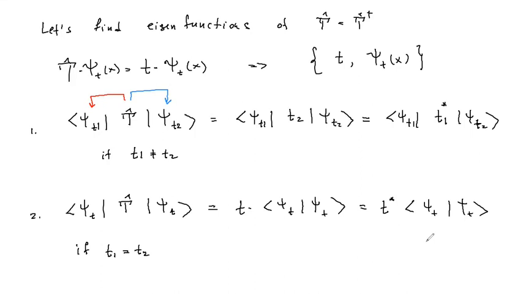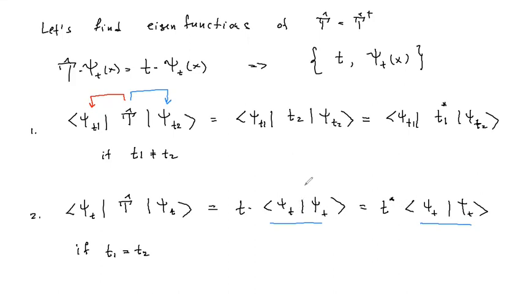So what can I conclude? For example, from the second line, can you say something about eigenfunctions or eigenvalues? T equals T conjugated, because this is the same on the left and on the right side. And this coefficient cannot be zero.